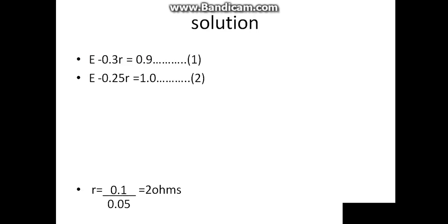For the second circuit, we have capital E minus 0.25 times small r, which is equal to 1.0 for the capital V, which is our equation 2.